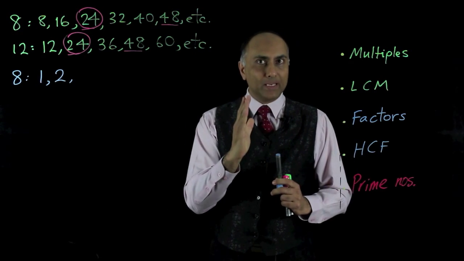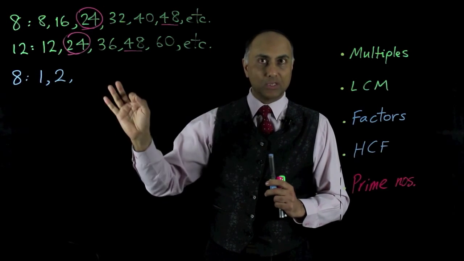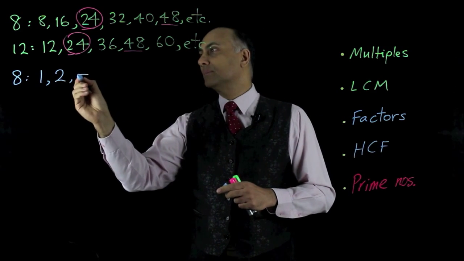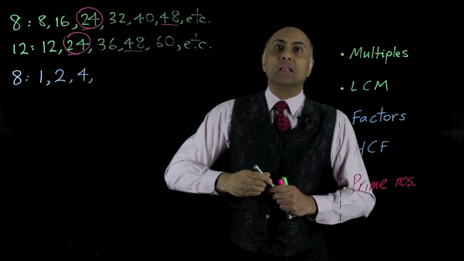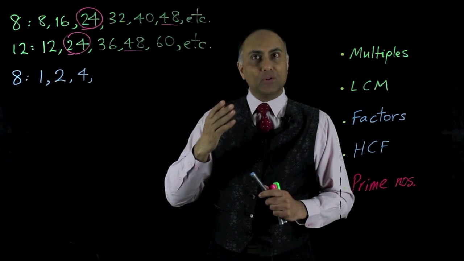Then you try 3. Does 3 go into 8? No, it does not. So we leave it out. It is not a factor of 8. Does 4 go into 8? Yes, it does. Now, we've reached the halfway point, meaning we've got half of 8.